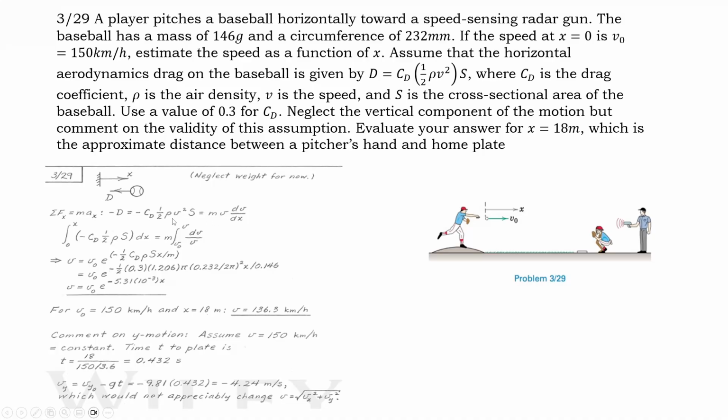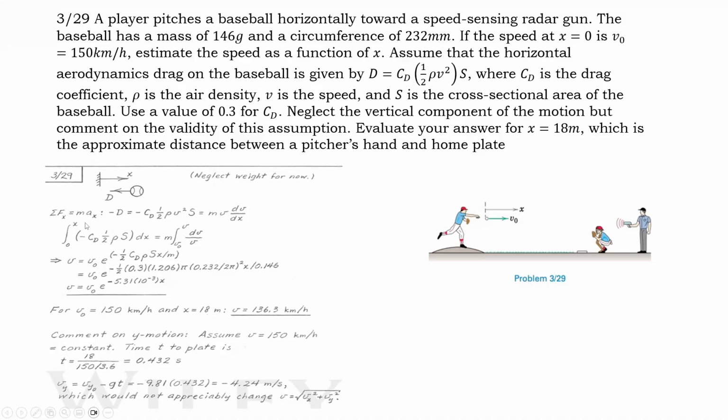So I will use this formula, and the only force applied to the ball in the left direction is the drag, because the friction is always opposite to the direction of the velocity. So it will be minus CD 1/2 rho v squared S equal to m v dv over dx.